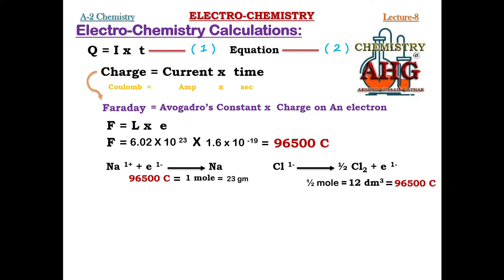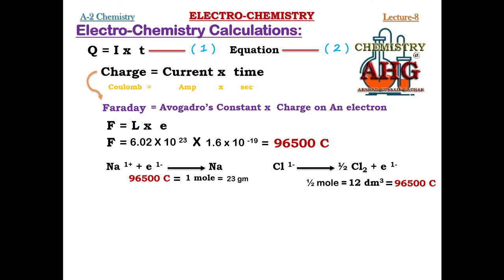But sometimes, I will give you the example in this lecture, you may be given a numerical problem where you will be given one variable only. Whenever one variable is given in the question, you will start from the second step, from the balanced chemical equation, and then you will do calculations for step 1 later on. So remember, there are two steps for the calculations, but in some questions we follow the sequence step 1 then step 2. In other questions we follow the sequence step 2 then step 1.